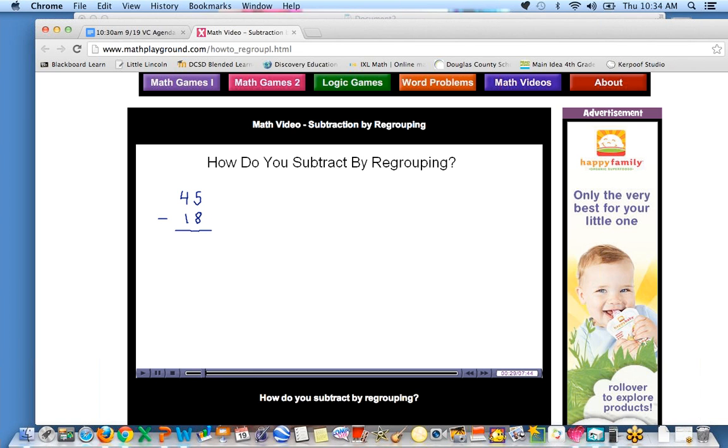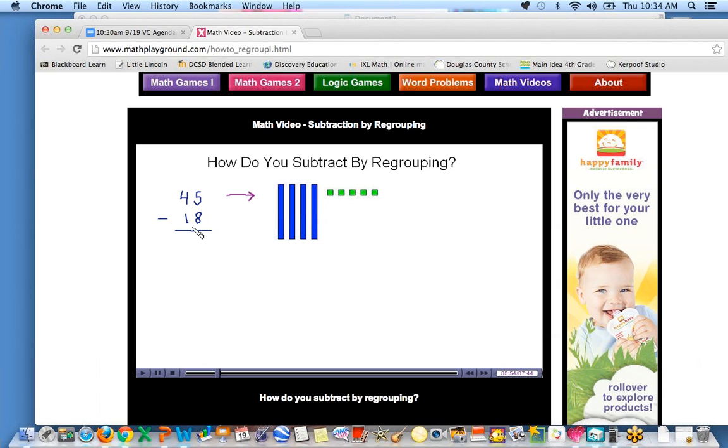And we can show that with base 10 blocks. The blue bars represent 4 tens. The green squares represent the ones. So there are 4 tens and 5 ones. The number 18 has 1 ten and 8 ones.